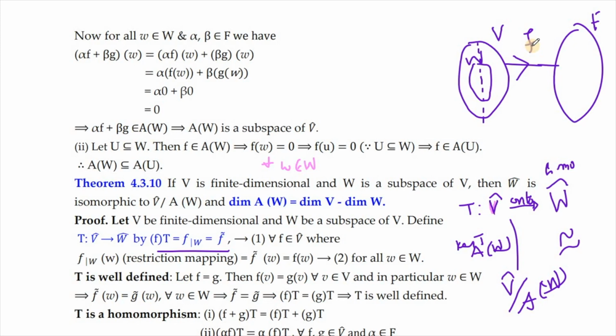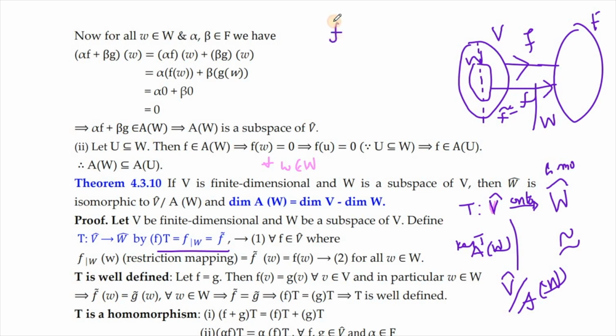So what do I mean by restriction? I'm restricting f to W. So from W to F we are going to define, and that mapping is the restriction mapping. How is it defined? For convenience, this is denoted as f tilde. What is the job of this f tilde?